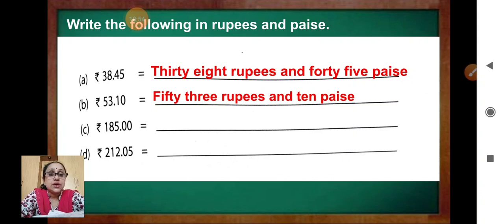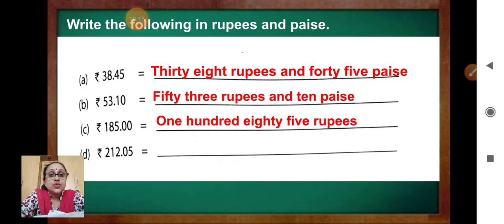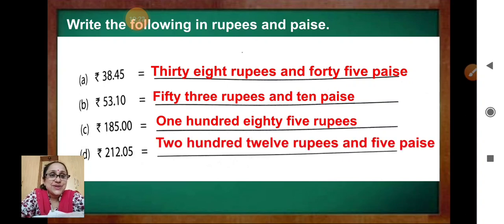Question C. Rupees 185.00. Yes. Try to write 185 rupees. Question D, rupees 212.05. So 212 rupees and 5 paise.